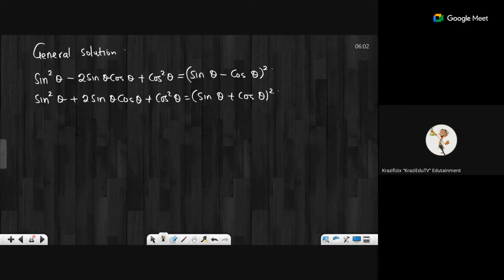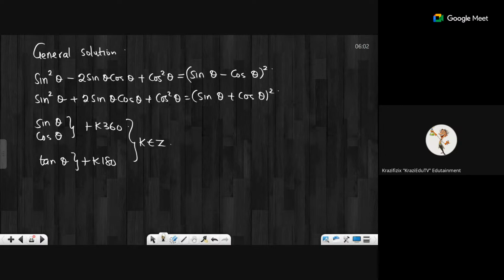Guys, I am done. Remember, for sine theta and cos theta, it is plus k what? 360. K 180, where k is an element of integers. All right.